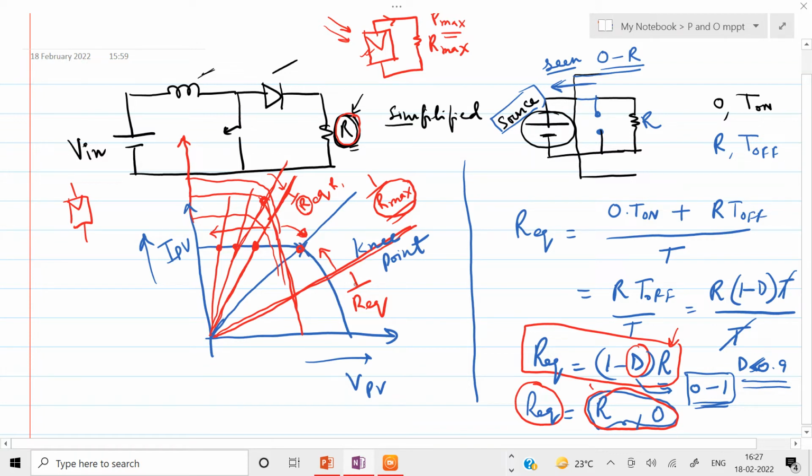So this is the point I was interested to make, and let me conclude here that there should be a proper selection of the PV system for a particular load R. Okay, and 1 by R equivalent should always be less than R max. This is the slope, it should lie somewhere here.